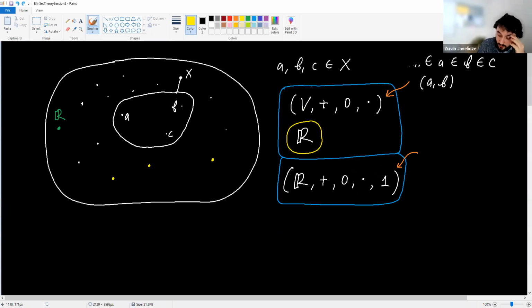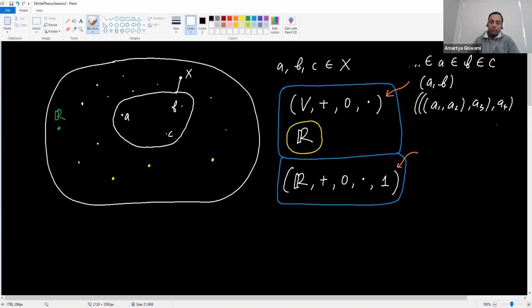And they're ordered. This is first, this is second, and so on. So the order is important here. If we know how to represent an ordered pair, then maybe an ordered quadruple can be seen as an ordered pair of ordered pairs in a way. Yes. And then you can carry on this process.